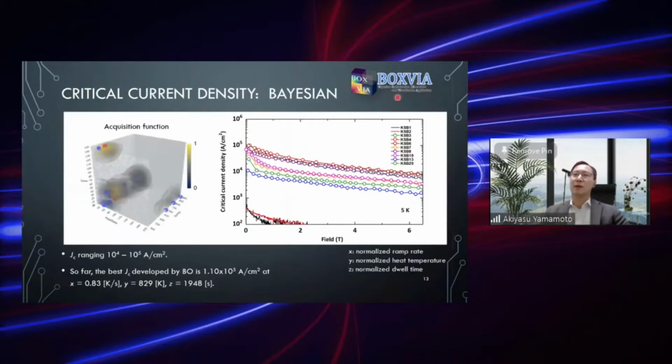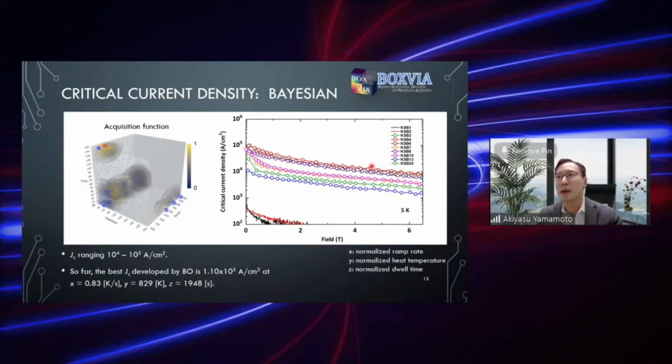So this page summarizes the progress of BO to date. So far, we have prepared about 20 to 30 samples like these. These are the sample preparation parameters in the 3-dimensional process. And on the right-hand side, you can see the field dependence of JC at 5 K for about 10 selected samples.